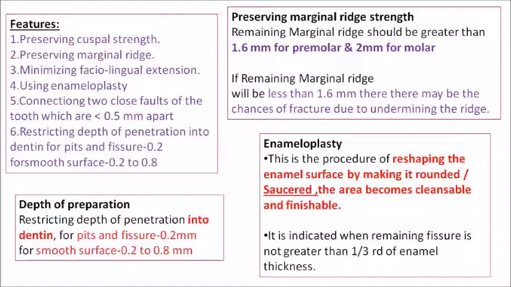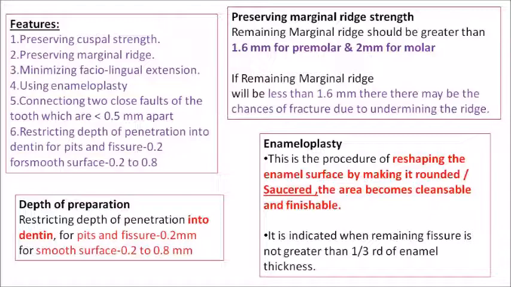Preserving this marginal ridge strength, okay, why we have to preserve these strength, these marginal ridges give strength even after the restoration also. So we have to preserve as much as possible. Remaining marginal ridge should be greater than 1.6 mm for premolar and 2 mm for molars, okay.